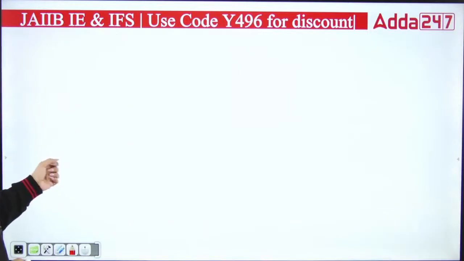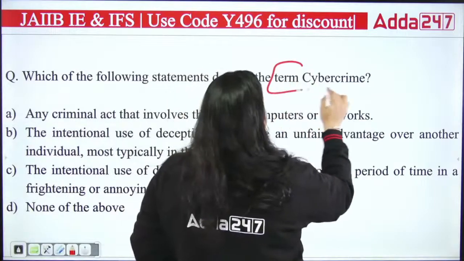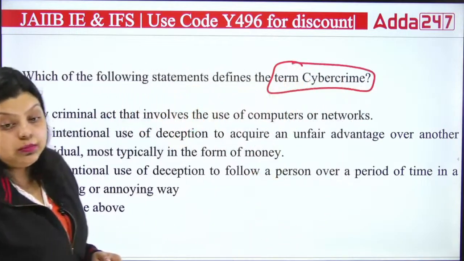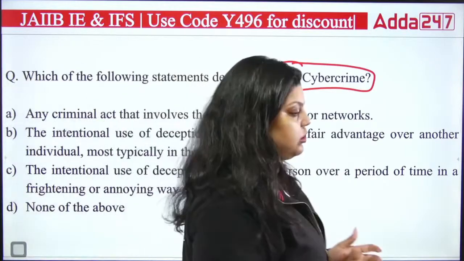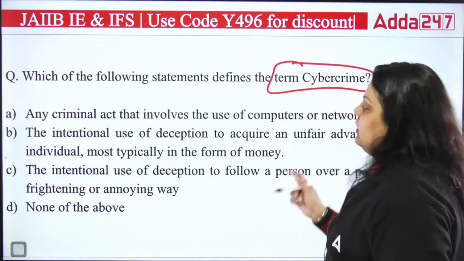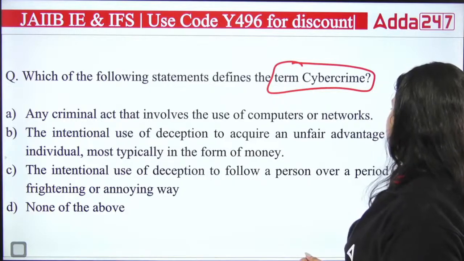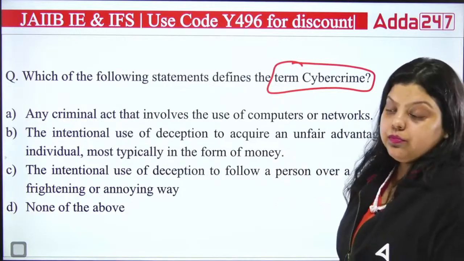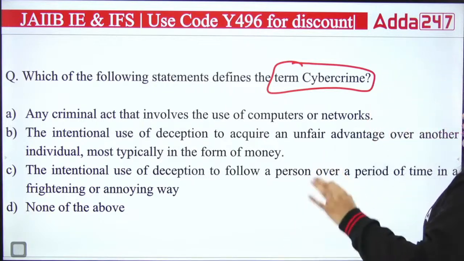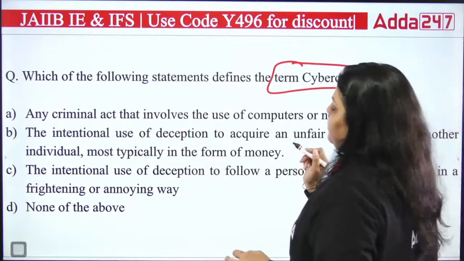Okay. Next we have here: which of the following statements defines the term cybercrime? First, any criminal act that involves the use of computers or networks. Second, the intentional use of deception to acquire an unfair advantage over another individual, most typically in the form of money. Third, the intentional use of deception to follow a person over a period of time in a frightening or annoying way.